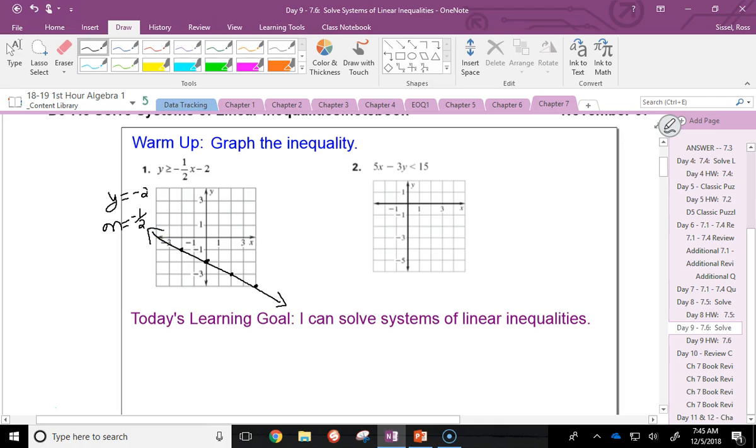I have the line made. But since it's an inequality, we are going to shade. Because y can be larger on this one, because it is greater than, we shade everything above our line.